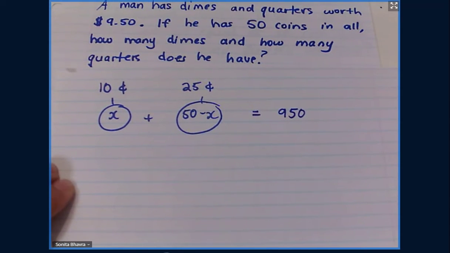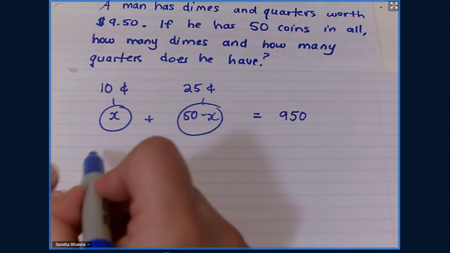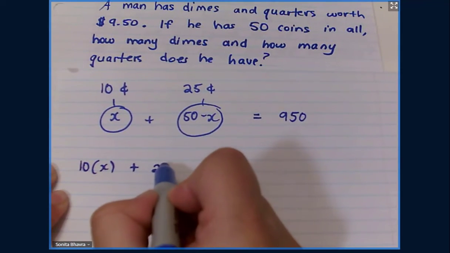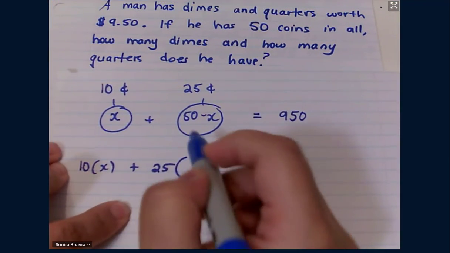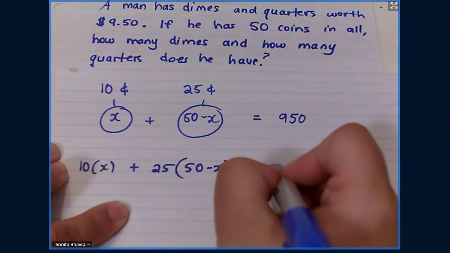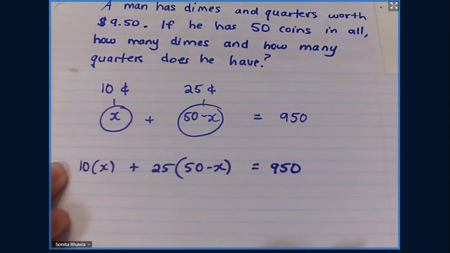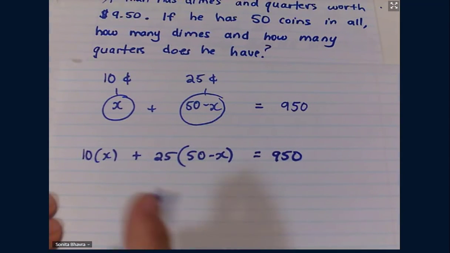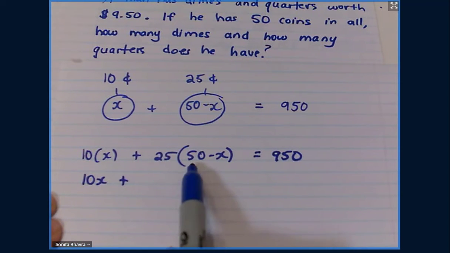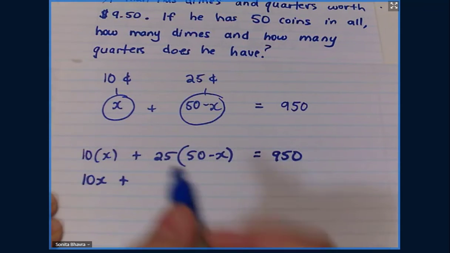All right, so our equation would be 10 times X plus 25 times 50 minus X is equal to 950. So that would multiply out to 10x plus 25 times 50, which is 1,250.